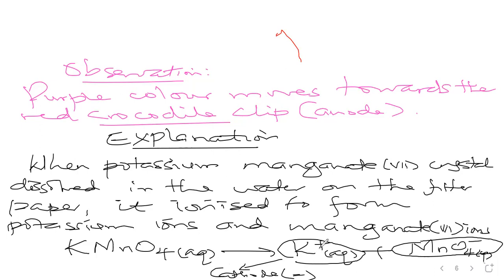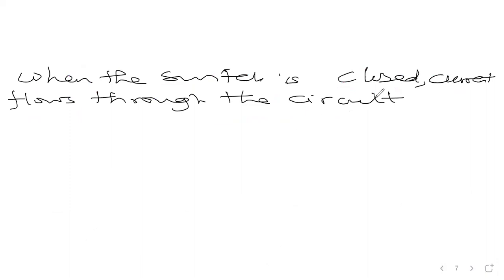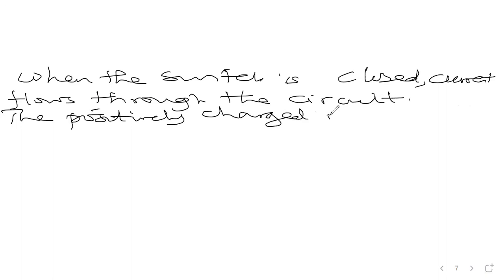The positive ions, the cations, migrate to the cathode, and the negative ions migrate to the anode. So we shall say current flows through the circuit. It's not manganate 7 ions that are positively charged.